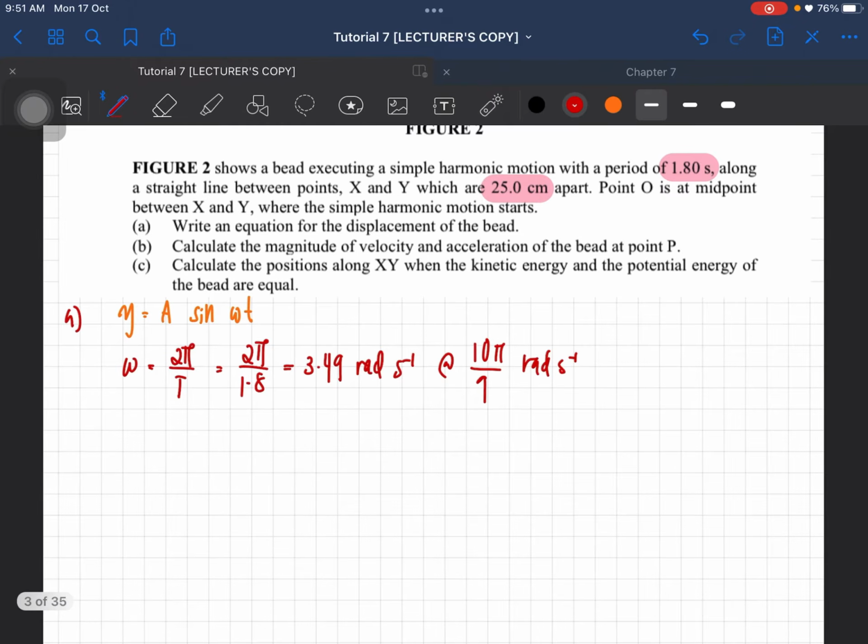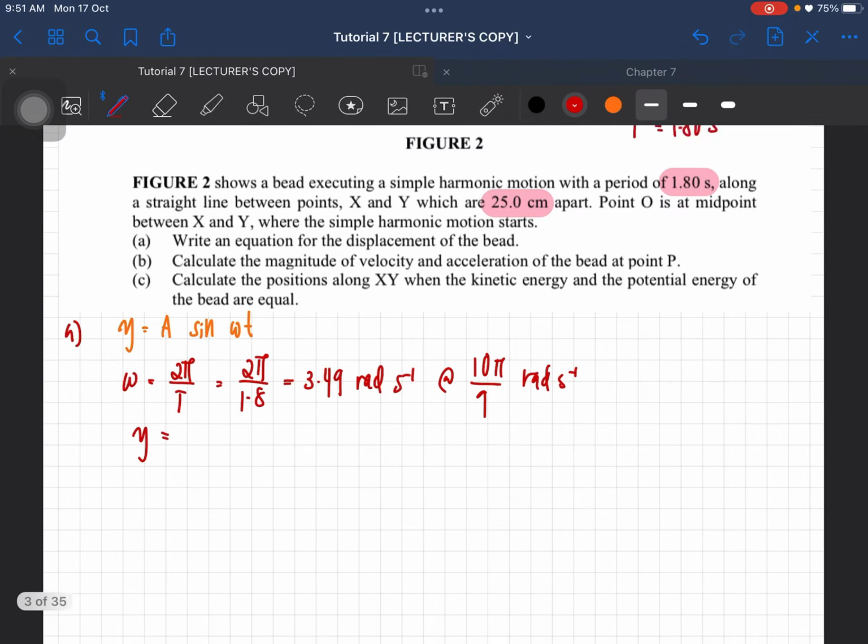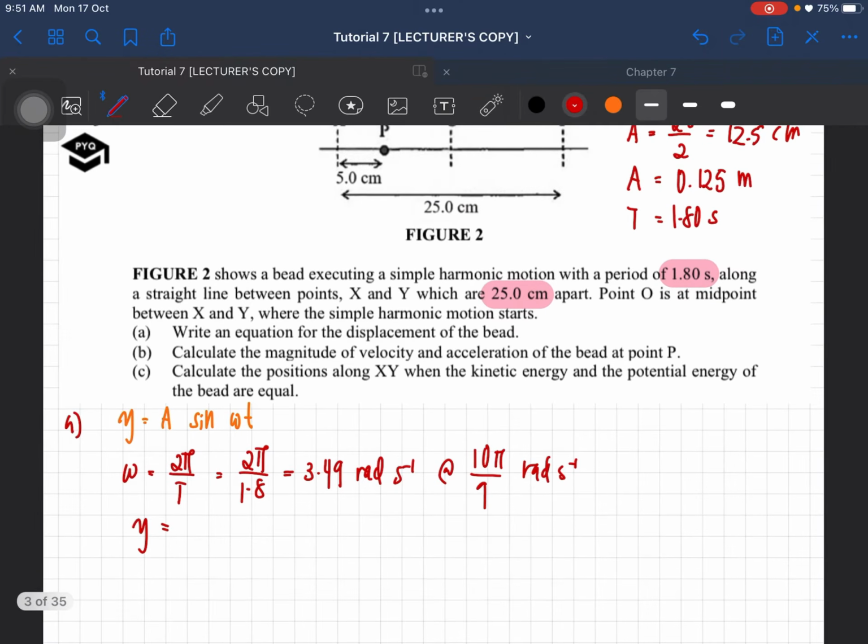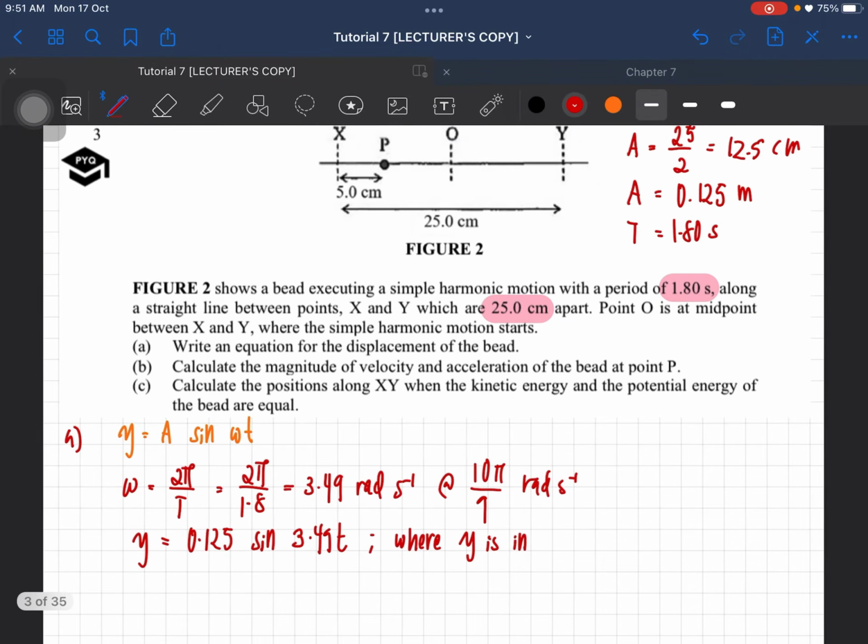Now we just substitute in the general equation. A is 0.125, sine 3.49 t. Then define or declare the units, where y is in meter and t is in second.